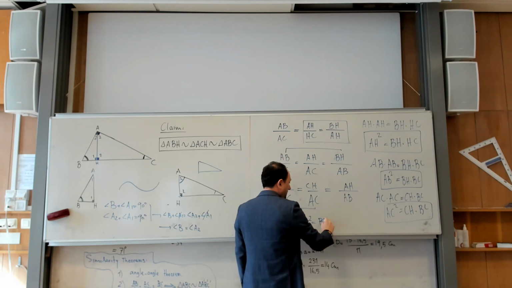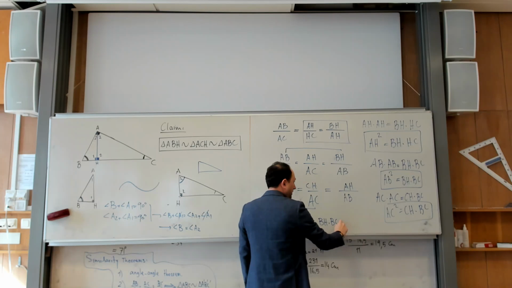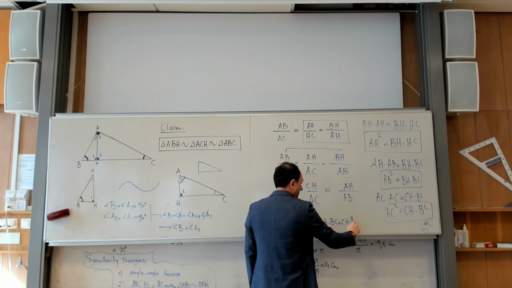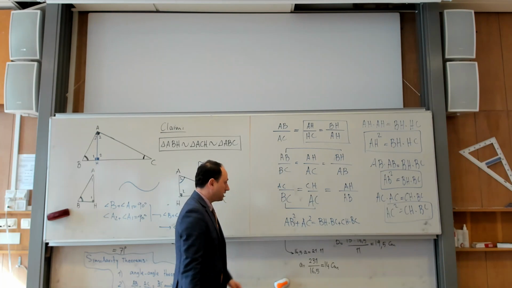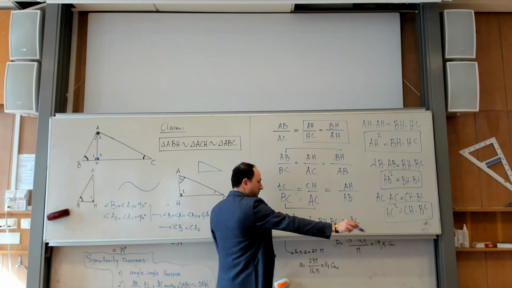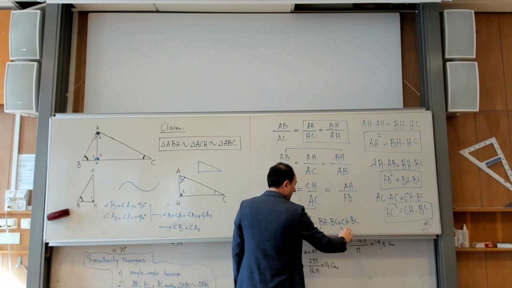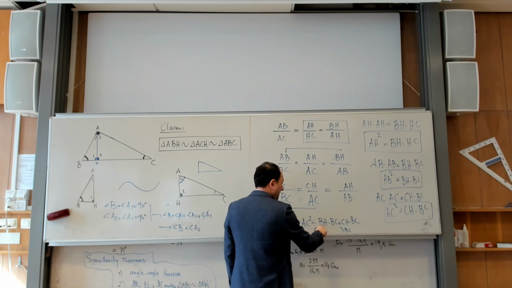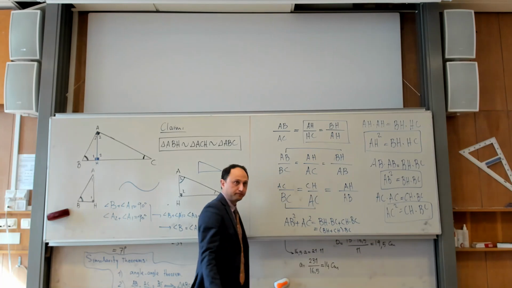So this becomes BH times BC plus CH times BC. Yes? But what happens? On the right-hand side, BC is in common. I can factor it out. So I can put BC out. From here, BH is left. From here, CH is left.